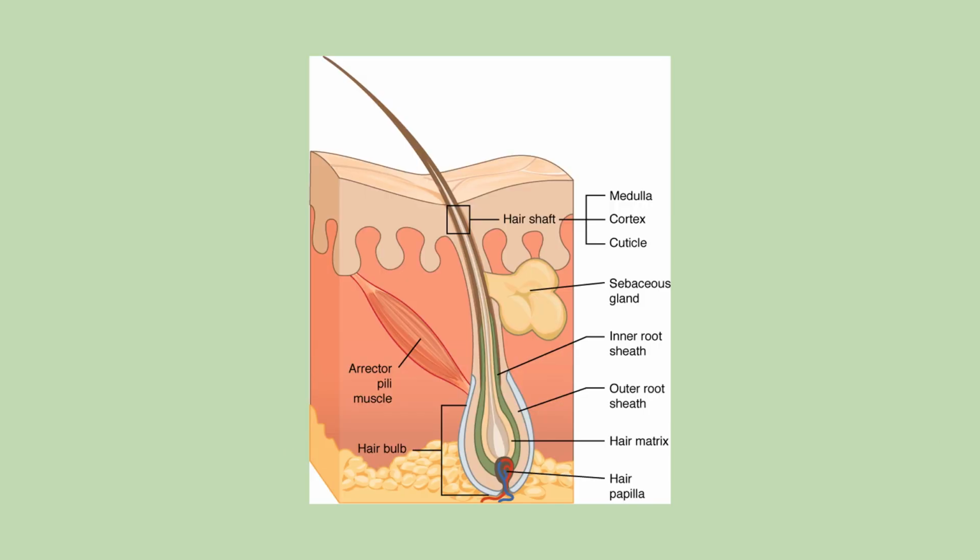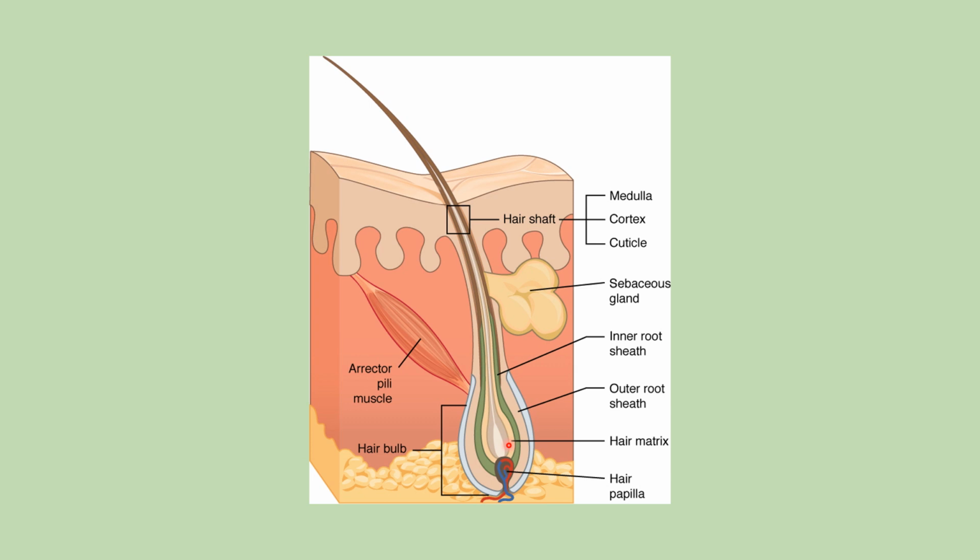So here's a picture, and this might make it a little bit more sense to you. So the shaft is what you see, the root is below. The hair follicle is kind of the sac area that's holding the hair itself. The hair bulb is around this papillae area down here where you've got blood vessels coming in.